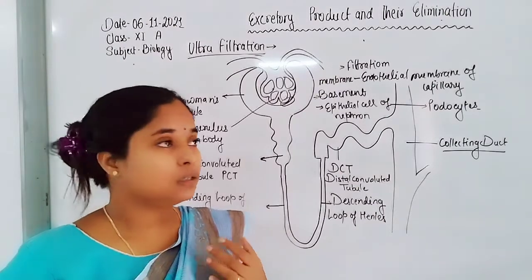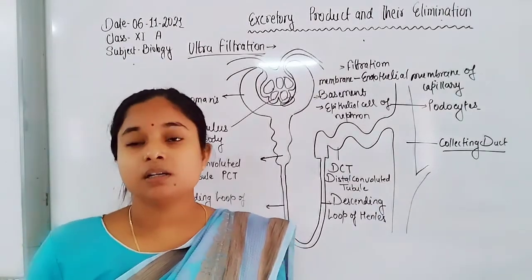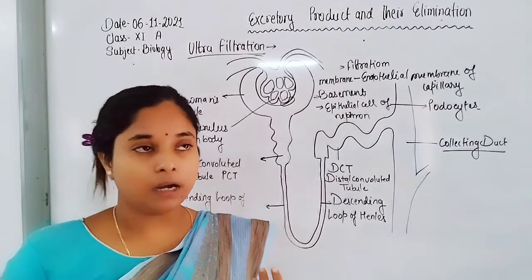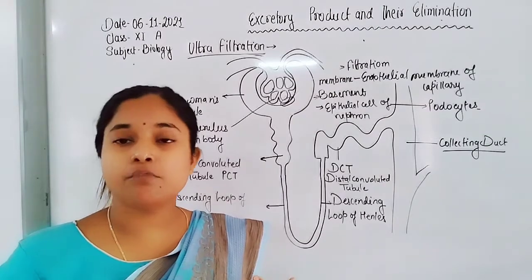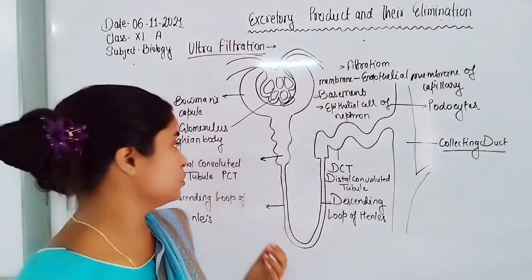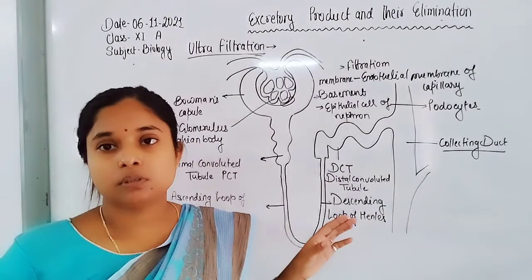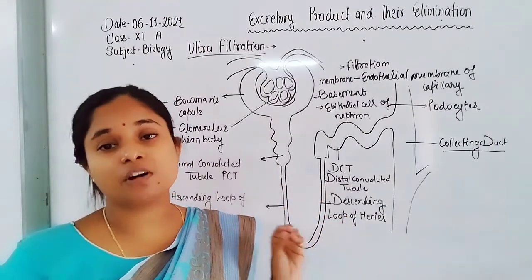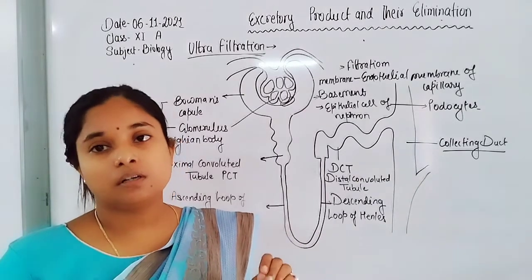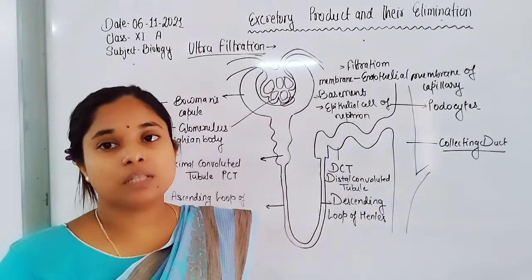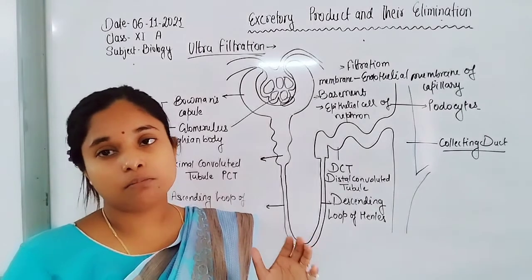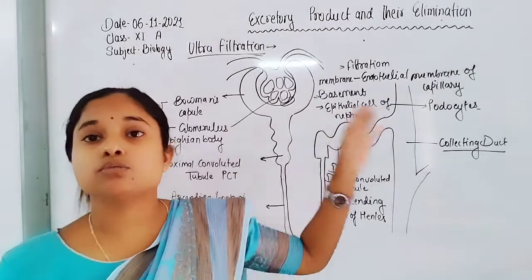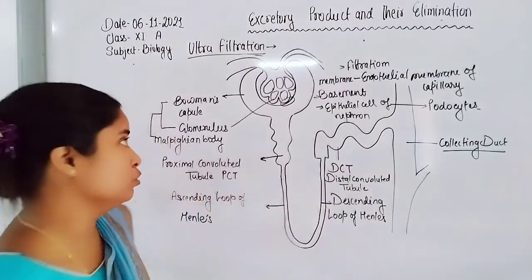Only the plasma, which consists of glucose, potassium, bicarbonate, sodium, iron and water, is transmitted into the Bowman capsule through the podocyte cells. The podocyte cells function as a sieve or net, so that the blood cells are filtered out and transferred into the efferent arteriole.